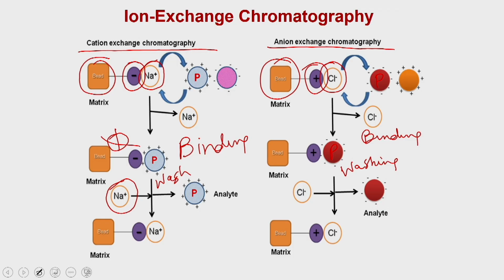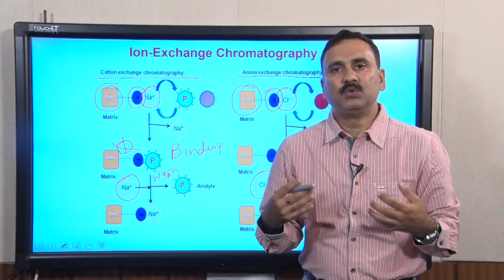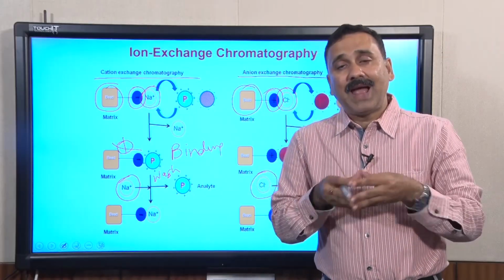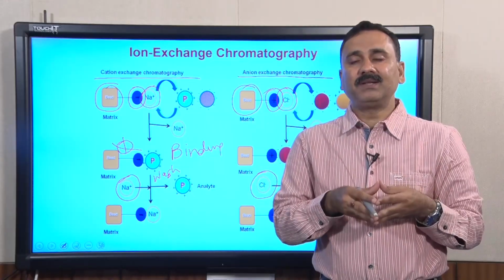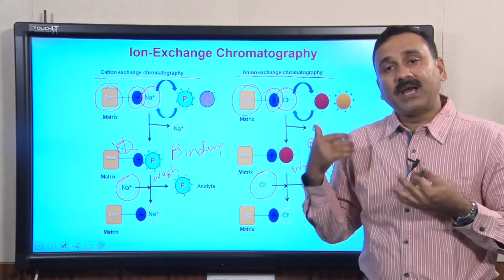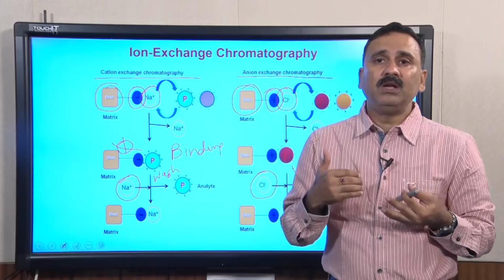The washing removes the non-specific molecules. Afterwards, you will put in competitive anions, and that competitive anion is going to replace the protein. This replacement is also in correlation to the amount of negative charge present on that particular protein and its affinity for the matrix.